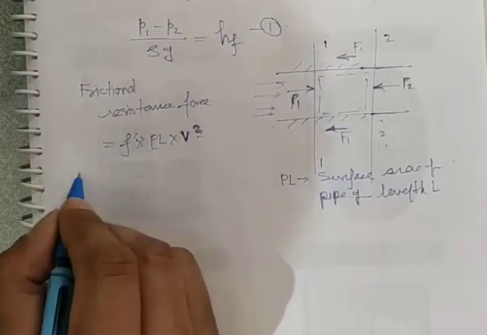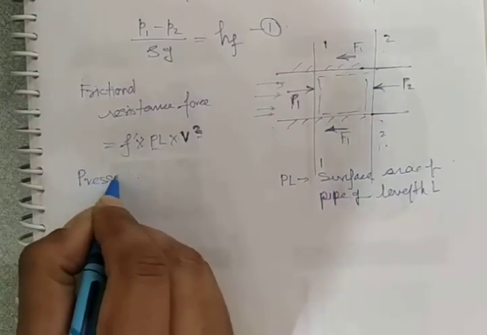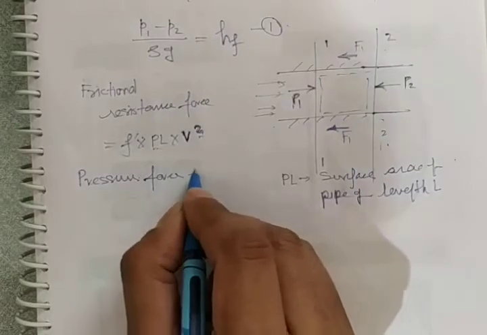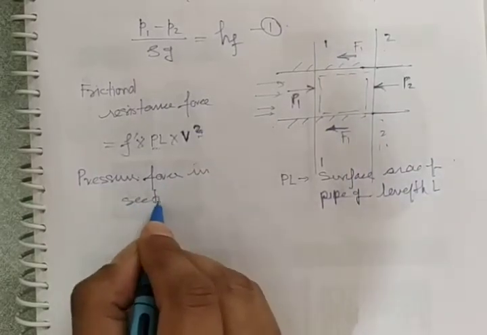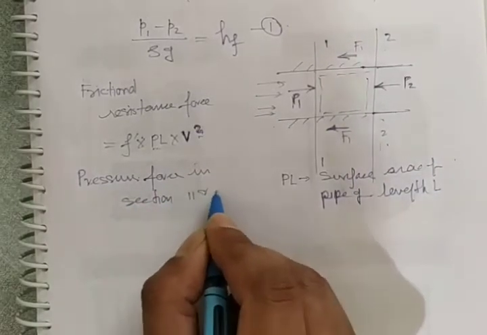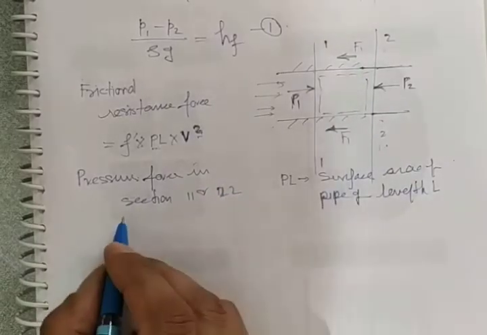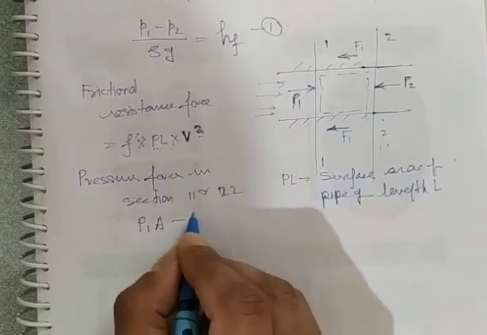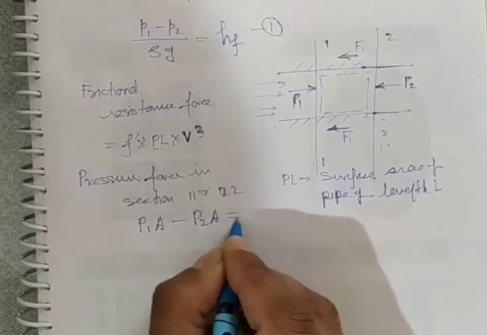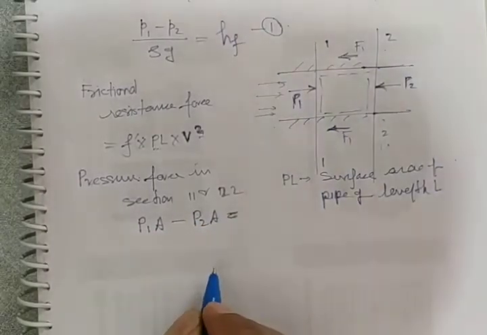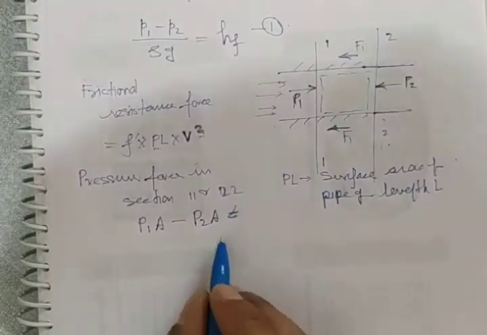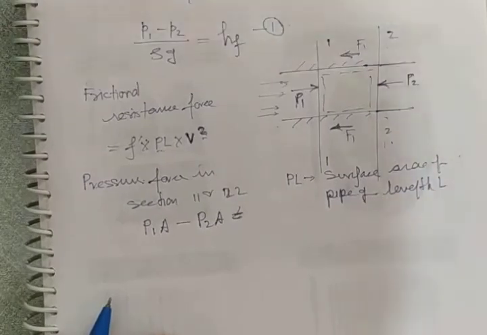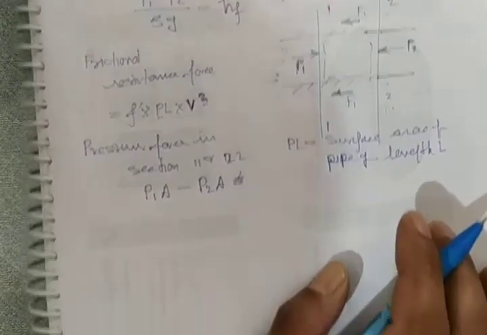Similarly, the pressure force in section 1-1 and section 2-2 is given by P1 A minus P2 A, where this area is the same.